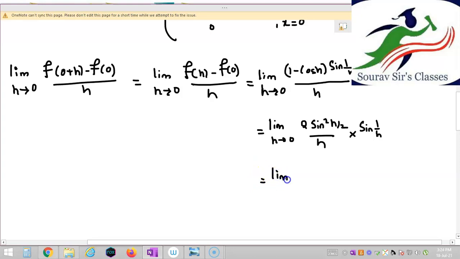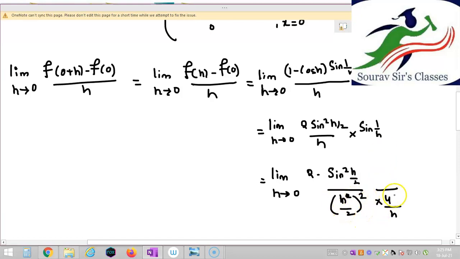I can write it as the limit as h tends to 0 of 2 into sin squared(h/2) by h squared, that is by (h/2) whole squared, and we multiply by 4 and h, so h balances with 2 and 4, into sin(1/h), right?